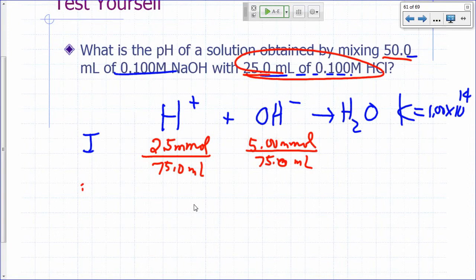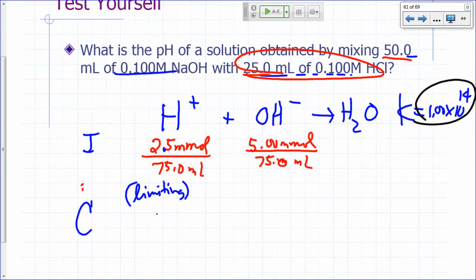What would be your changes? 2.5 versus 5, a 1-to-1 ratio. Which one is the limiting reactant? This is your limiting reactant. And this Keq is very large, so you know it's going to go all the way, right? So you're going to have trace amounts left here.